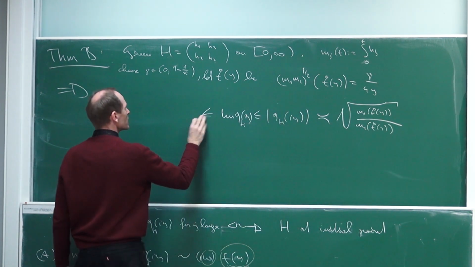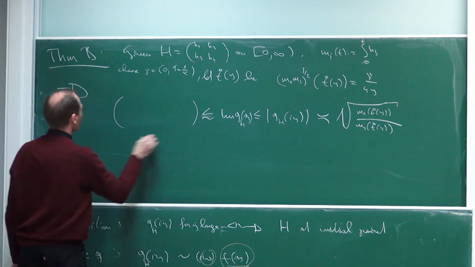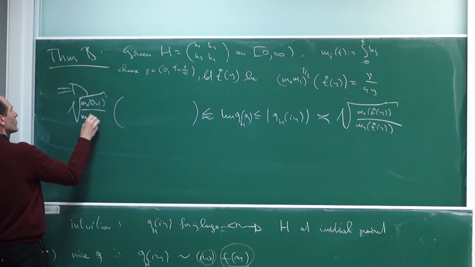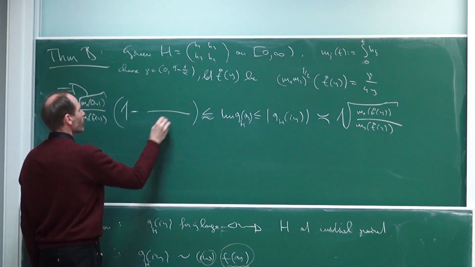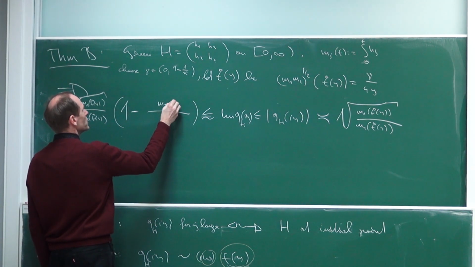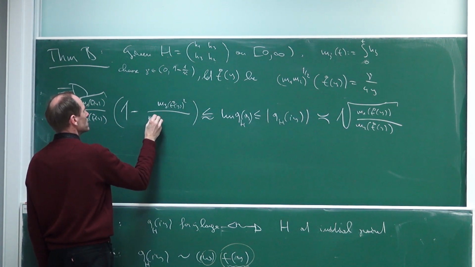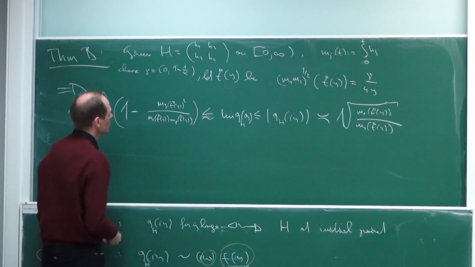And this is always larger, up to some constants, of course, than the same stuff: M3 squared over M1 times M2.